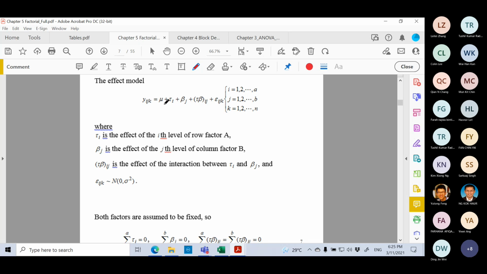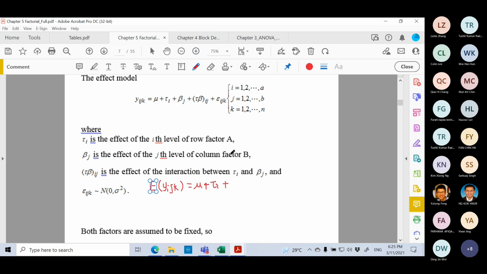From here, we will know that if you take the expectation of yijk, the mean will be equal to mu plus tau i plus beta j plus tau beta ij. This is your mean.